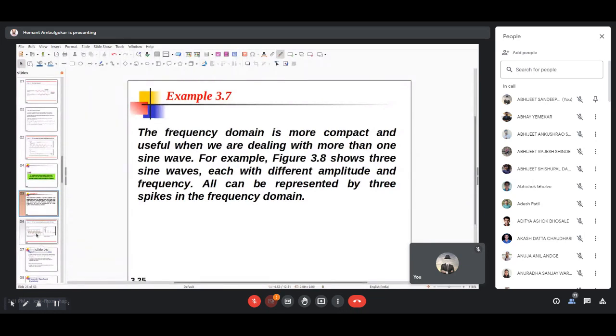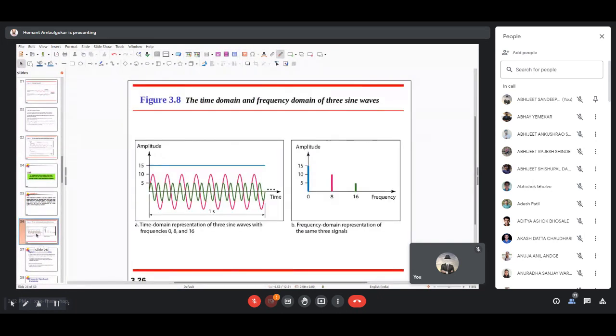Now take the example here. In this example we have 3 sine waves having different amplitude and different frequency, but all these sine waves can be represented using a frequency domain plot.